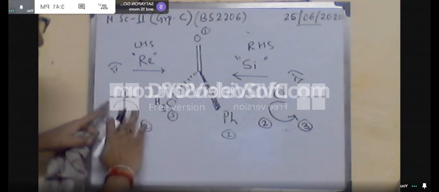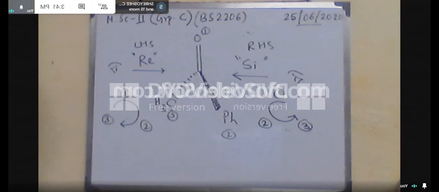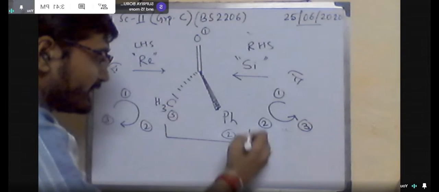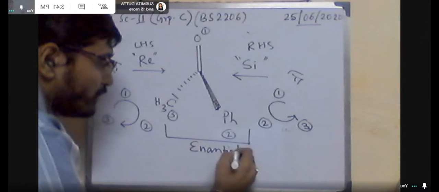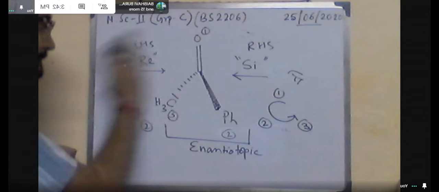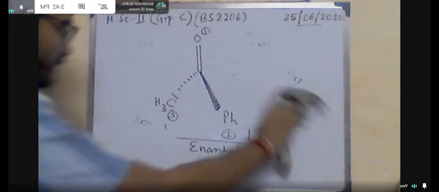Or in other words, you can say that the two faces are enantiotopic like this way, that in this case this molecule is planar in geometry, and you can see if we add some nucleophile here, it can be added either from this side or it can be added from this side.